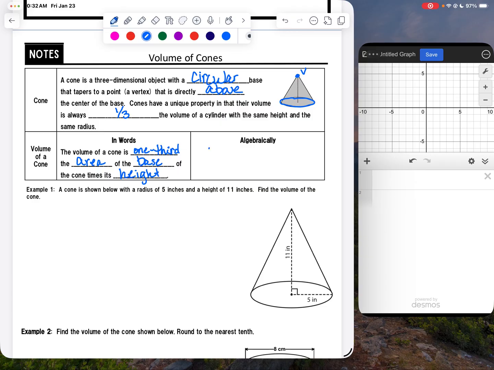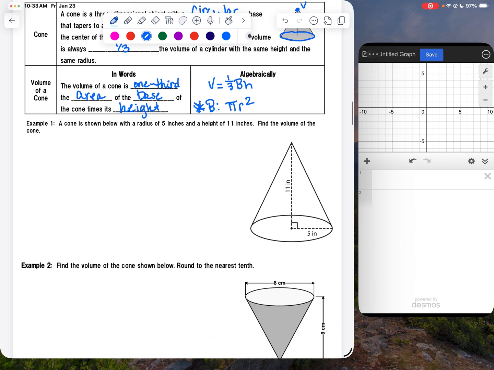So our formula would look like this. Capital V equals 1/3 area of the base, capital B, times the height. Now, in a cone, because the base is a circle, the area of the base, or the big B, is pi r squared.